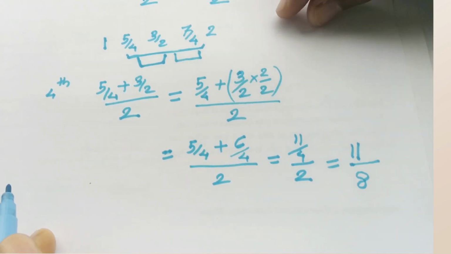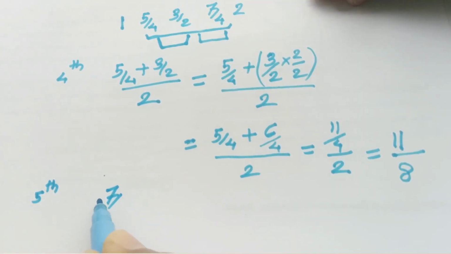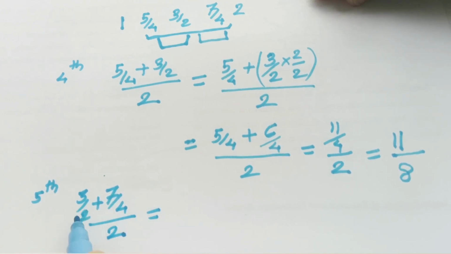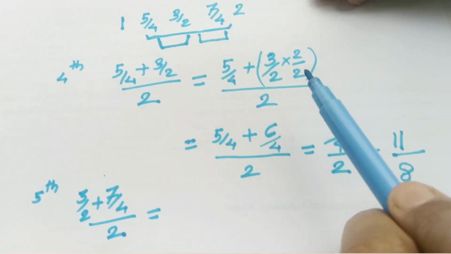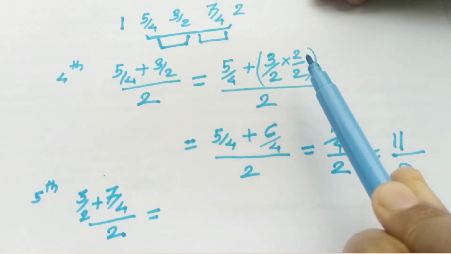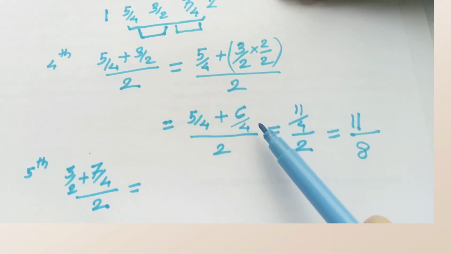For the fifth rational number I am taking the average of 3 by 2 and 7 by 4. So here 3 by 2 plus 7 by 4 divided by 2. Again you have to convert this number to having base 4, which we have already converted: 3 by 2, you multiply by 2 and divide by 2. So we get 6 by 4.